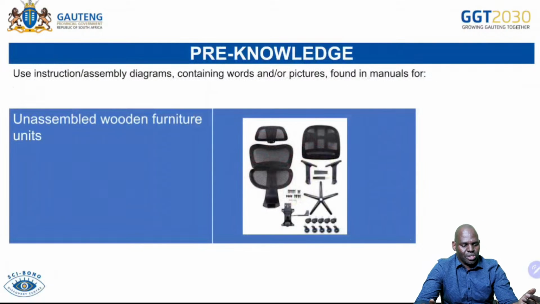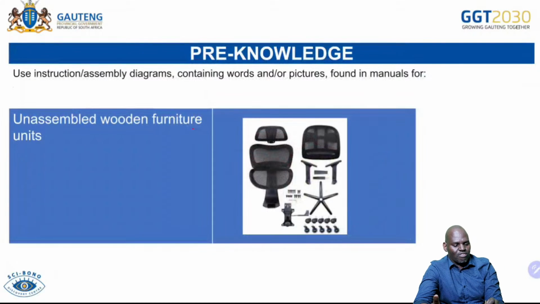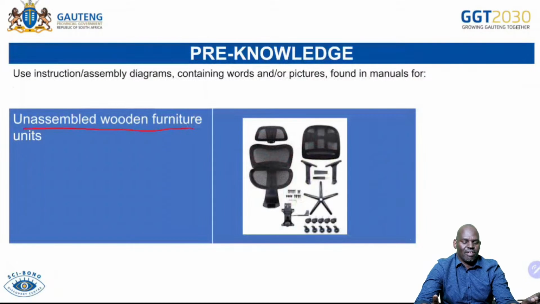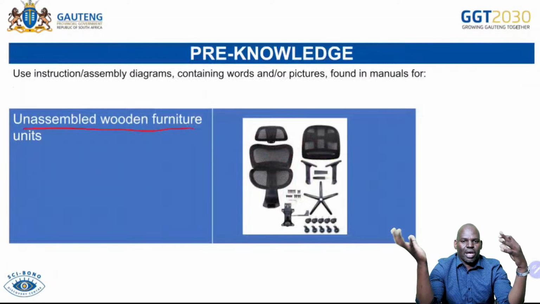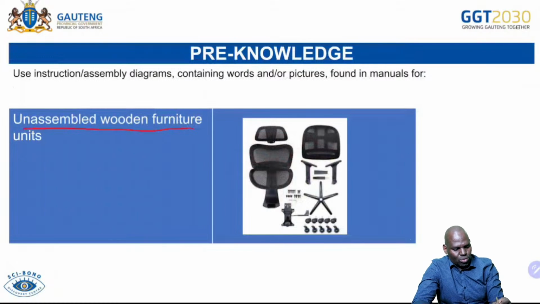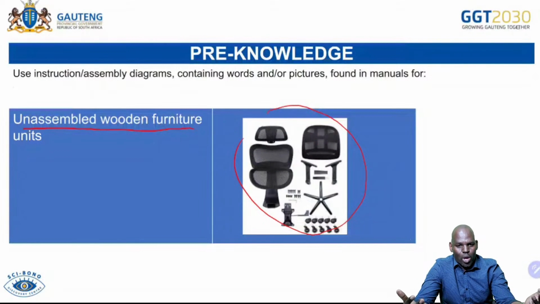And then again, use instructions or assembly diagrams containing words or pictures found in manuals, but this one you'll find with an unassembled wooden furniture unit, or maybe an office chair that comes in pieces in a box, and then we need to assemble them to have a chair. There will be a manual clearly indicating what processes must be followed, or in which order these pieces must be assembled.